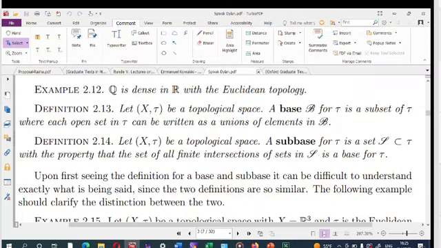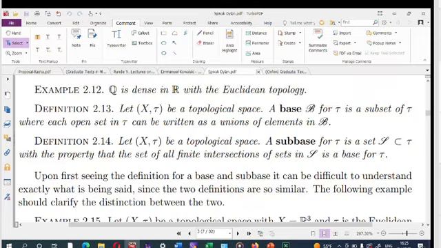Let X and tau be a topological space. A subbase for tau is a set such as F, a subset of tau, with the property that the set of all finite intersections of sets in F is a base. Let me write the definition of base first.